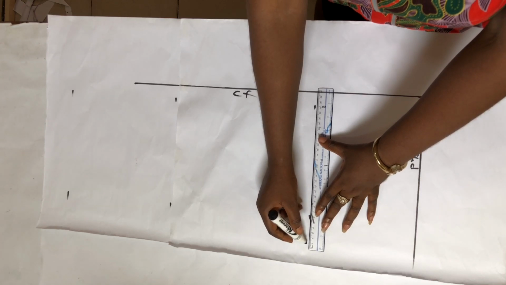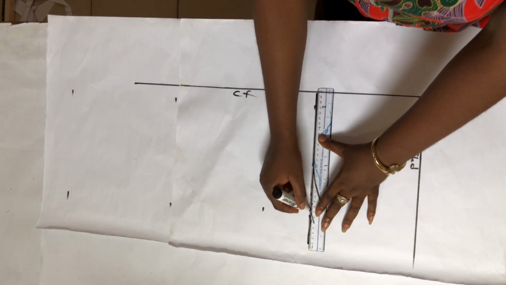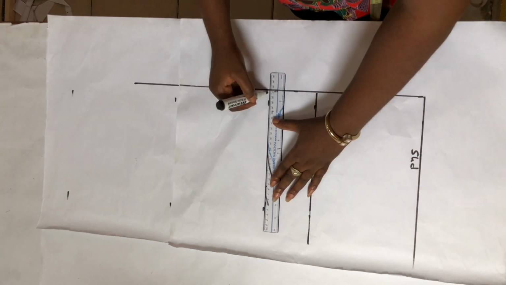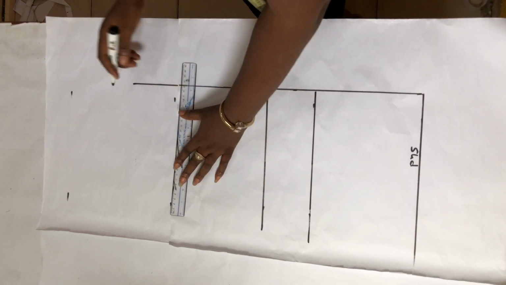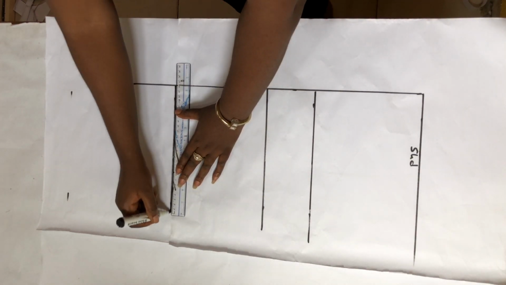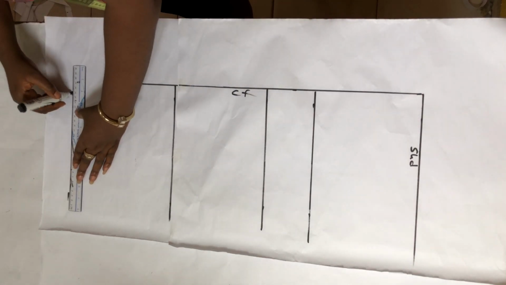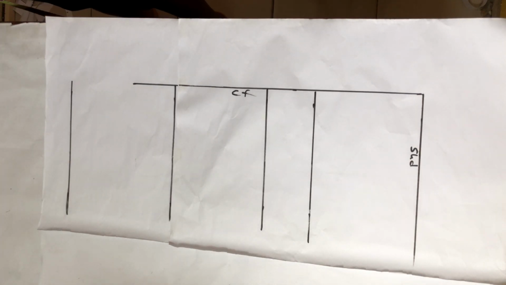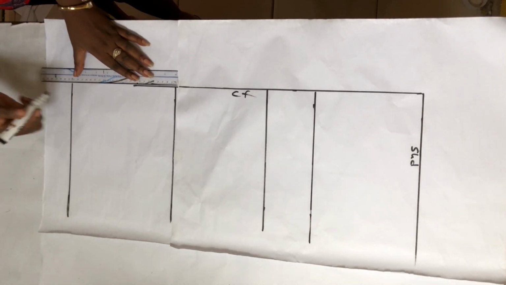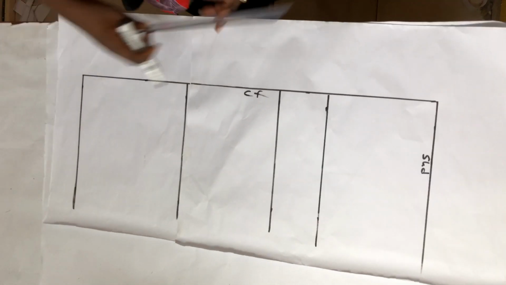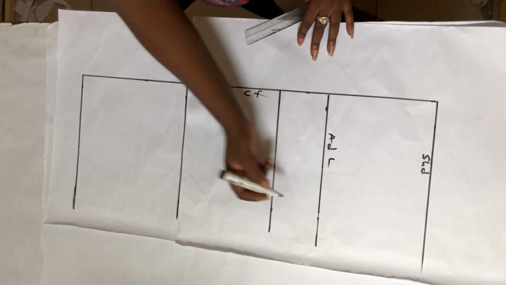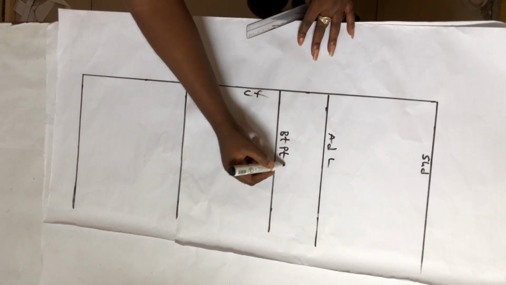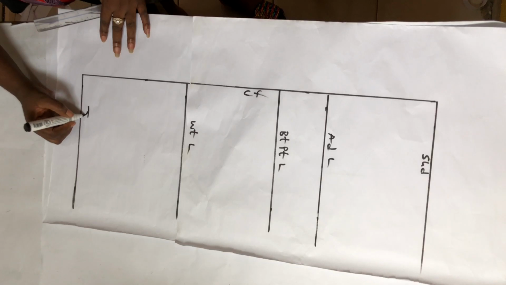I'm going to draw my lines. This is my armhole depth line, my bust point length line, my waist line, then the jacket length line.